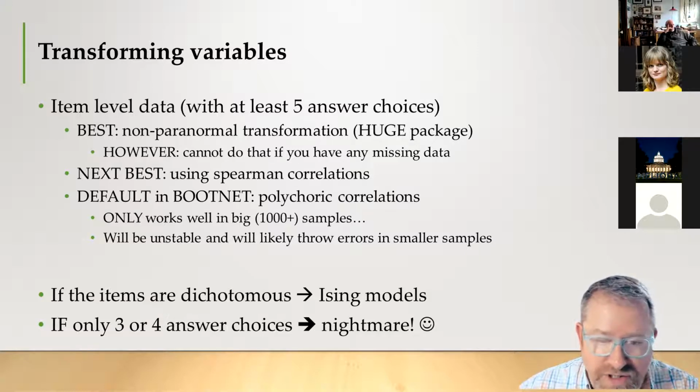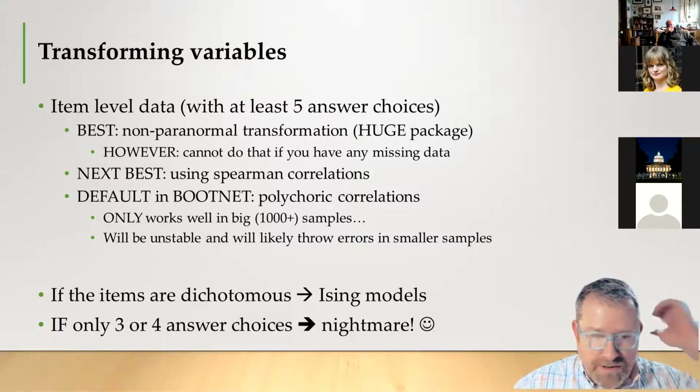Polychoric correlations do a fantastic job of handling skew, but they really only do that well if you have samples of 1,000 people or more. It can be unstable and throw errors in smaller samples.